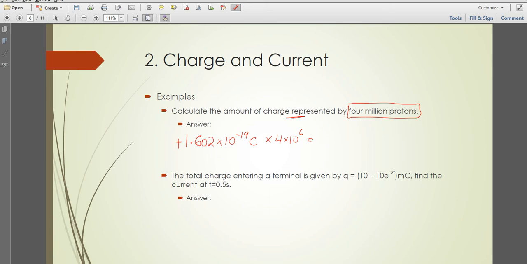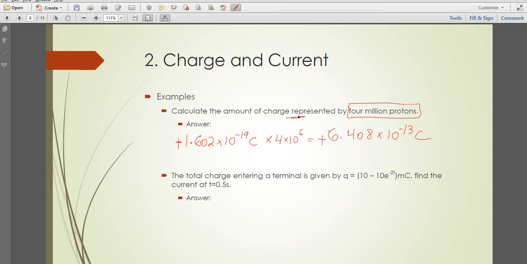So if you have any calculator, you can calculate this with me. 1.602 times 4 is 6.408. So it's going to be plus 6.408 times 10 to the power negative 13 coulomb.